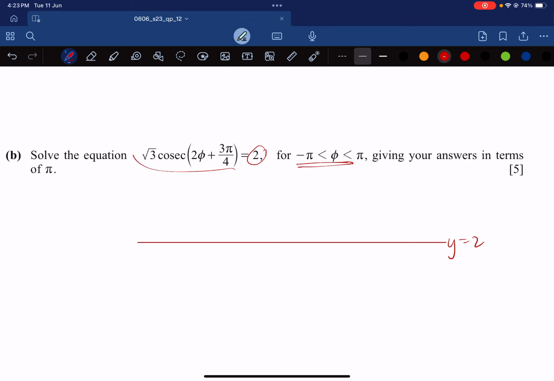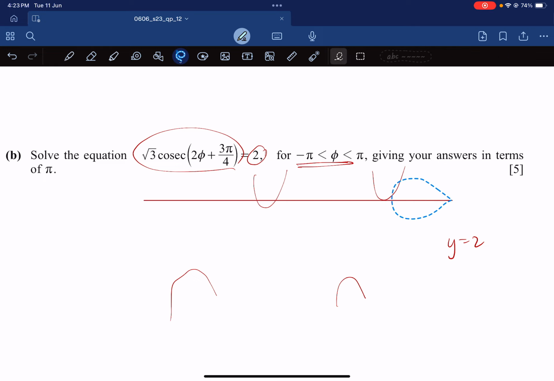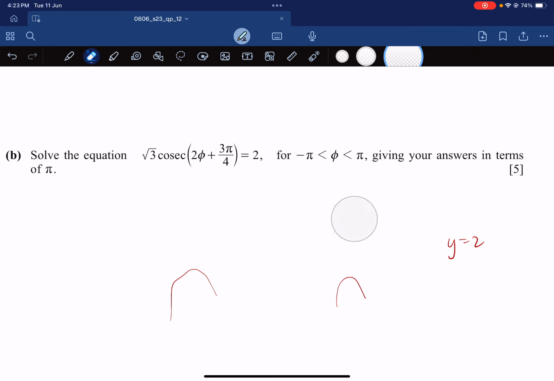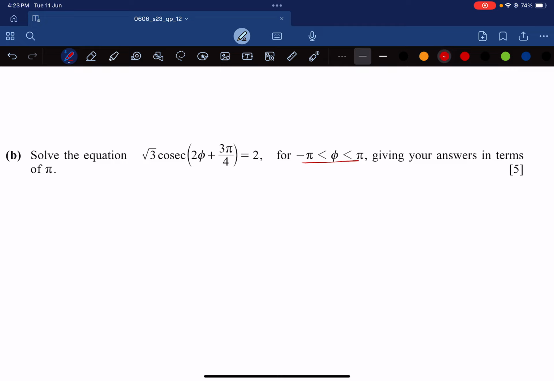It could be a lot of intersections, infinite intersection if we don't restrict the domain. So this is a must. Giving your answer in terms of pi.